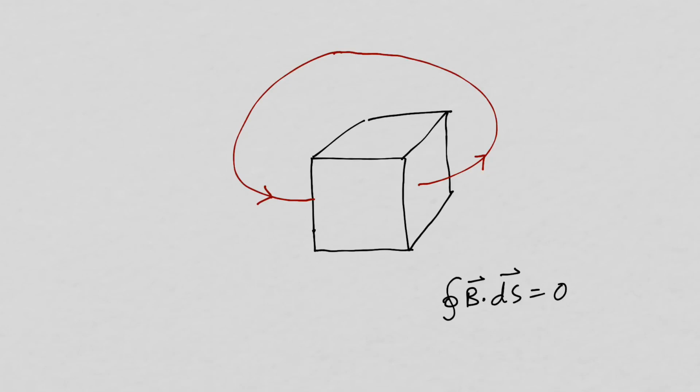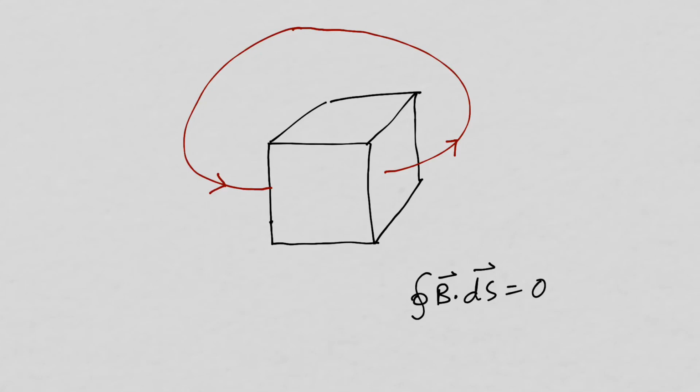Let's visualize this. Here we're looking at a closed Gaussian surface. Since magnetic flux lines close on themselves, this magnetic flux line leaving the right face must re-enter the Gaussian surface somewhere so that it closes on itself.